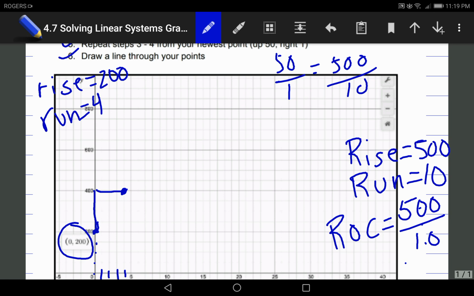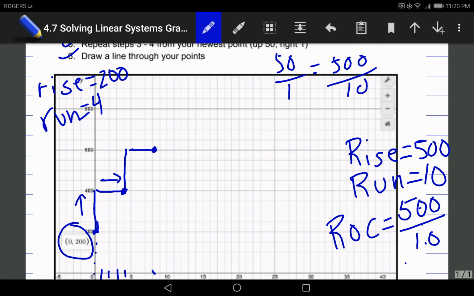So that's up and to the right. Now from there, let's draw another point. So go up 200 more and go to the right 4 more. So this time we're going to be at 8. You can draw another point.